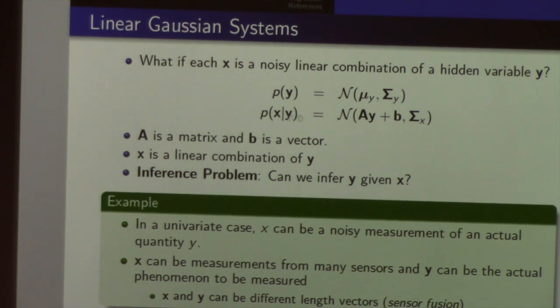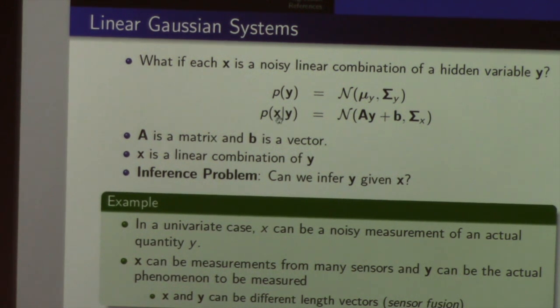So x is some linear combination of y. y can be a vector, and A is a matrix. You multiply the matrix with the vector and add another vector. This is a standard way of doing a linear combination. Then what you want to do is find the posterior, y given x. That is a general linear Gaussian system.